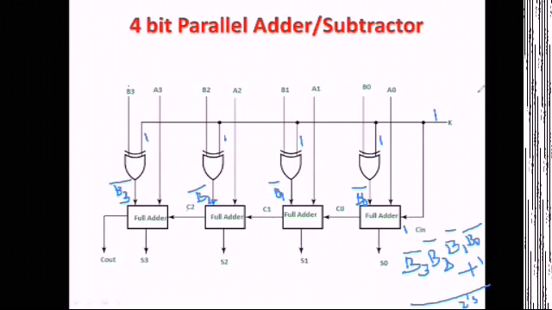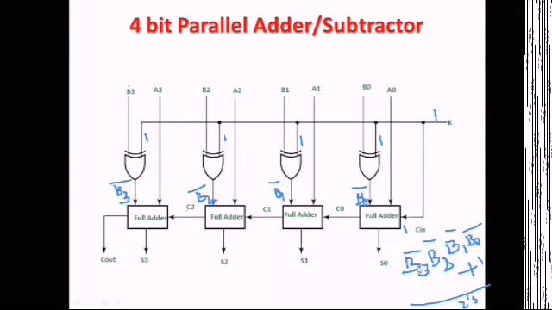So here we will be getting again S0, S1, S2, S3. But in this case, the subtraction operation is going on. So when K is equal to 1, the subtraction operation is going on. How? First of all, the 1's complement.